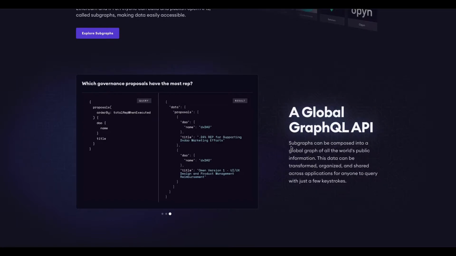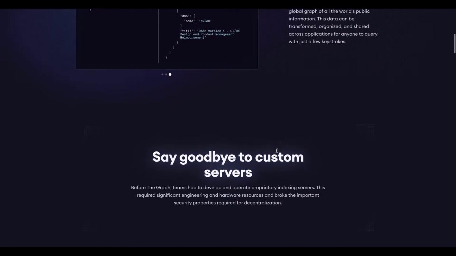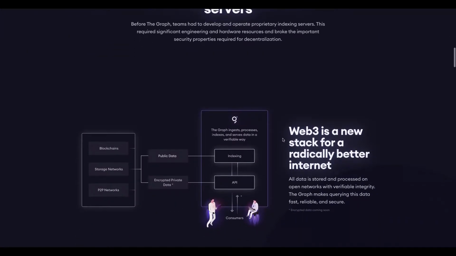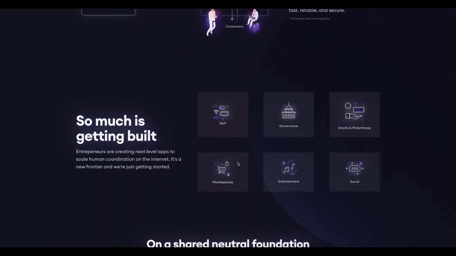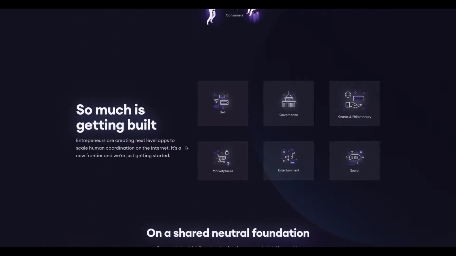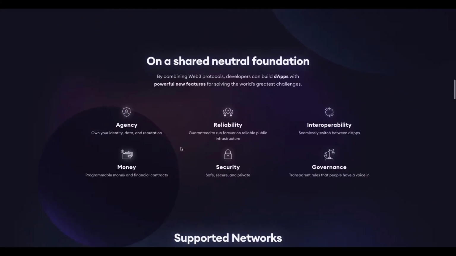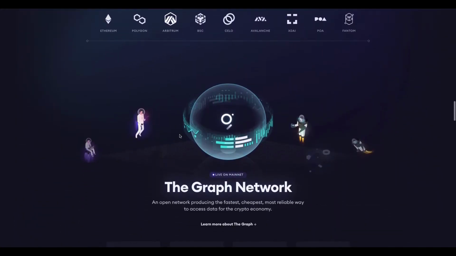There's this cool mechanism that The Graph has: subgraphs. We'll get into that. Say goodbye to custom servers. Web3, of course. Support networks.